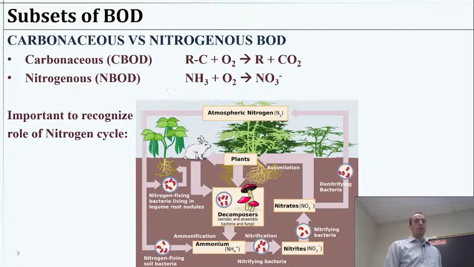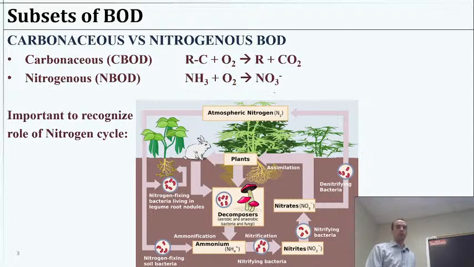Or perhaps you're just looking at how much ammonia is actually being released during the processing, digestion of stuff. It's going to release ammonia, which then will go through this process. So overall, the net result is you're consuming oxygen during that conversion.